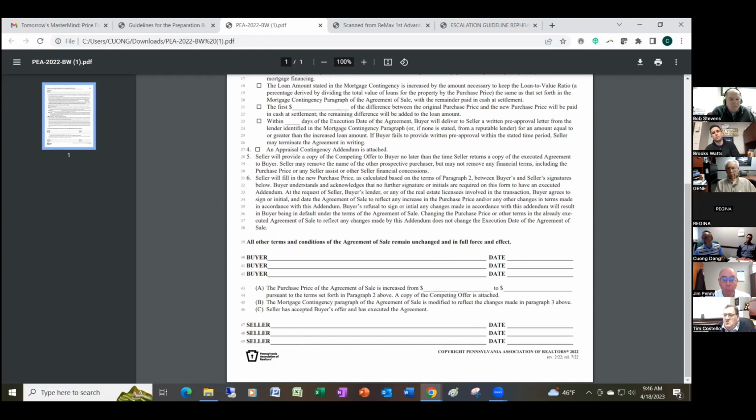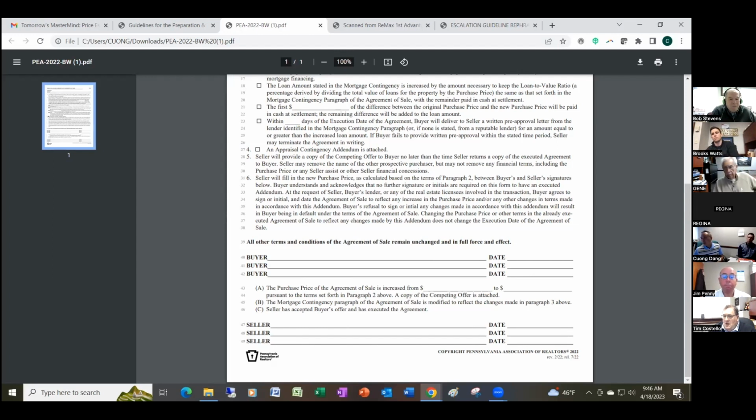Even if you, Jim, even if you gave the escalation clause to the lender, what's important is to make sure that it gets to the appraiser. Because now, what if the lender doesn't give that to the appraiser and they skip that one page and they only give the agreement of sale?